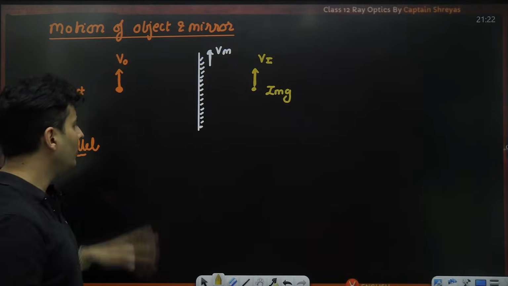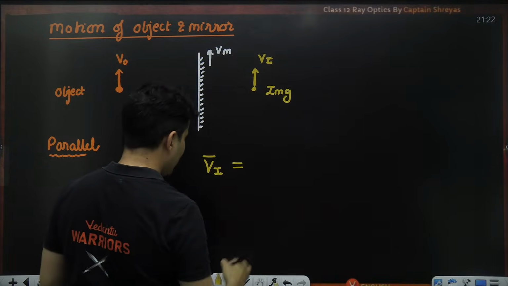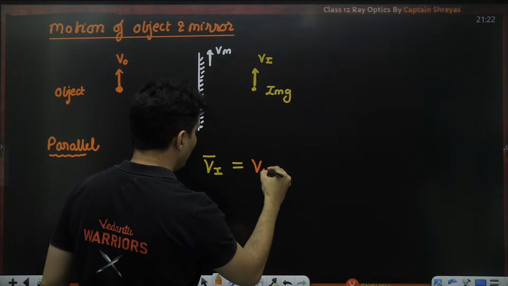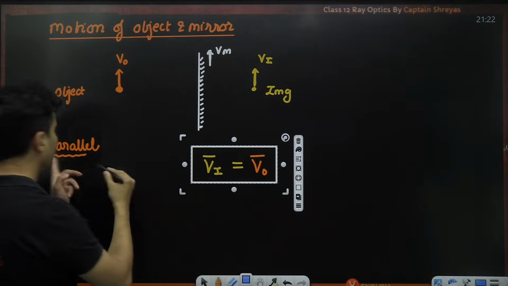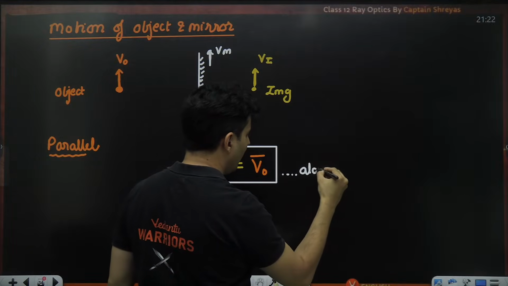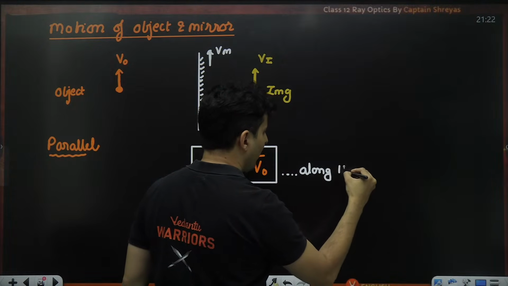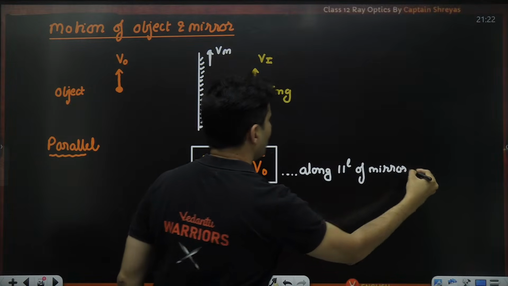What matters is VO. So you will see Vi bar will be equal to VO bar. This is only in the parallel direction. Okay, very, very important. This is along the parallel direction of the mirror. Okay, these are those components.